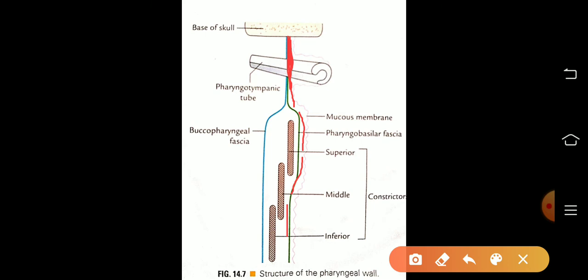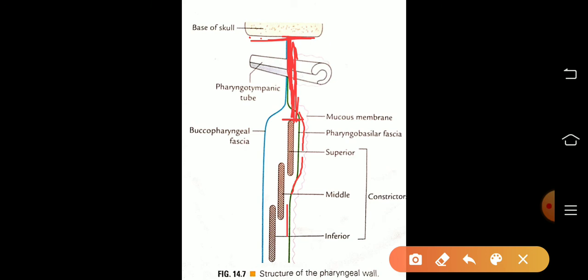This pharyngobasilar fascia simply covers the space between the base of the skull and the upper end of the superior constrictor muscle. So this is about the pharyngobasilar fascia.